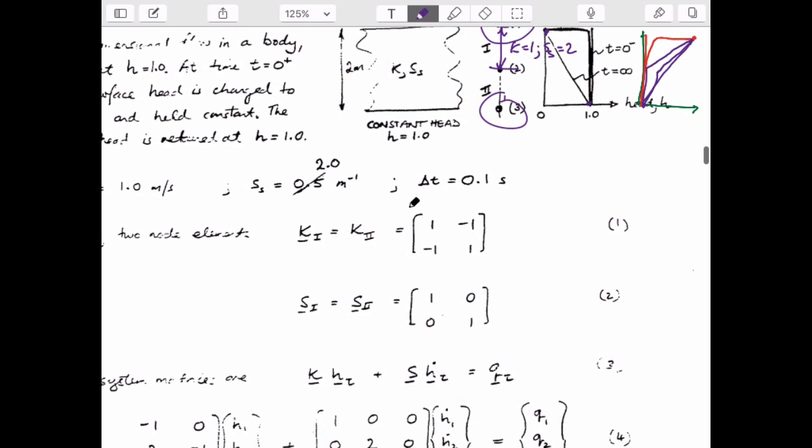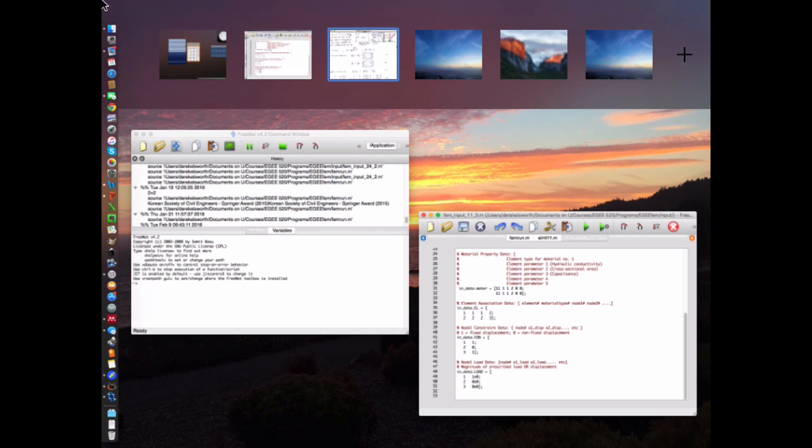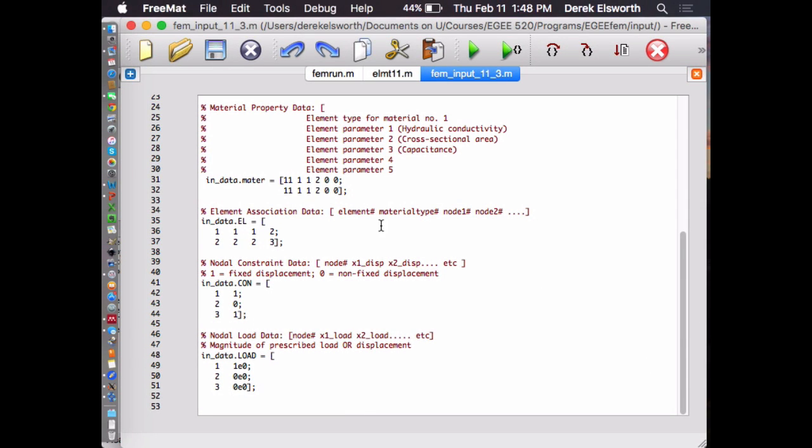Everything is localized in terms of the conductance matrix and the storage matrix for these particular cases. And so if we look at what that looks like here, you'll remember this is element number 1. It has material type 1 and nodes 1 and 2 going down from the top.